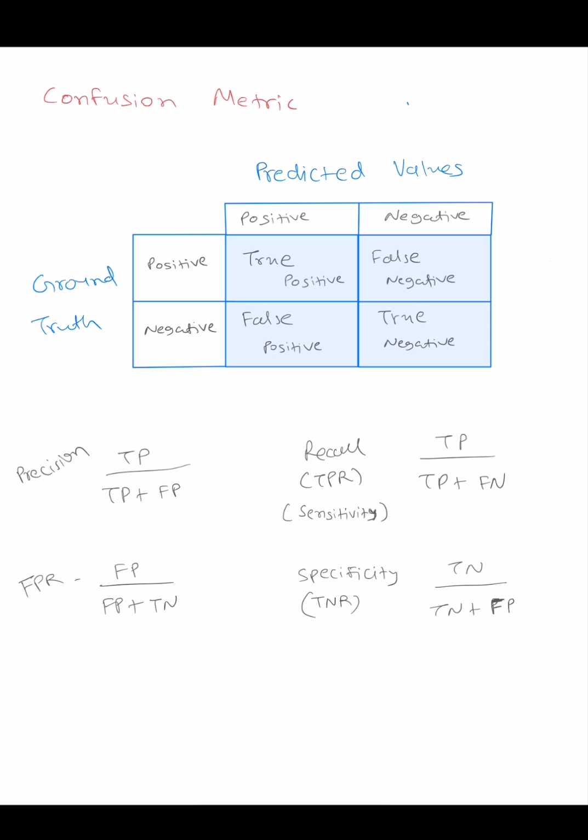For example, a fraud detection system, where we don't want to flag any non-fraud case. In that case, we can use specificity because true negatives are really important to catch.